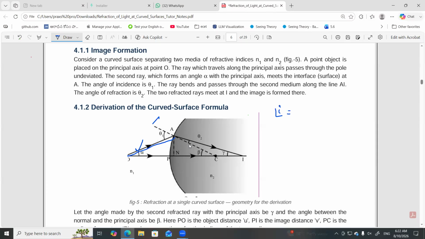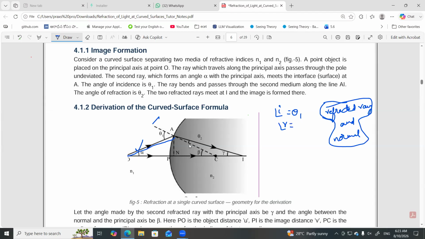Yes, sir. So the angle of incidence, what did I mark it as? Theta 1. Now, what is the angle of refraction? The angle between the refracted ray and the normal is called the angle of refraction.